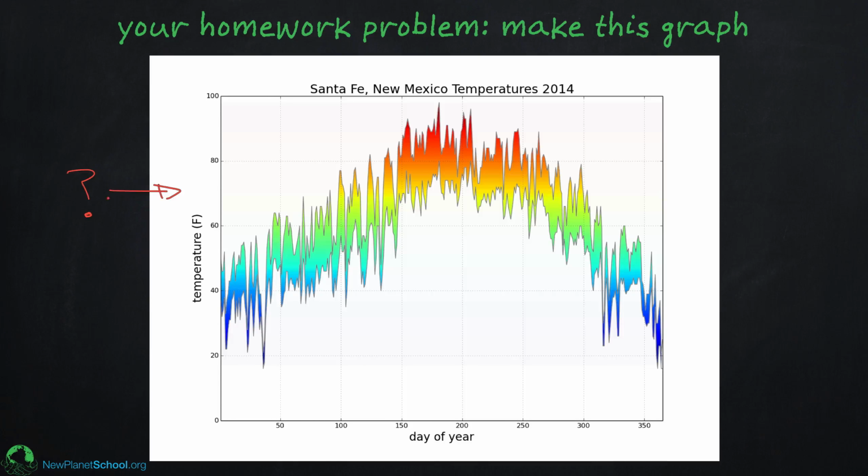Can you make this graph, which is the temperatures in Santa Fe from the beginning of the year, the first day, to the last day, 365, with the lows represented down here, the highs up here, with a nice title, labels, and what's really nice is the shading between the curves, which goes from red when it's really hot to blue when it's really cold. That is your homework problem. So good luck with that.